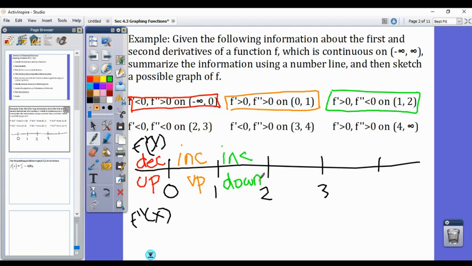Next, we have first derivative and second derivative are both less than 0. So that means I am decreasing and concave down.